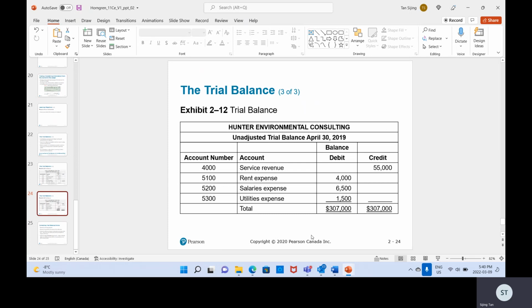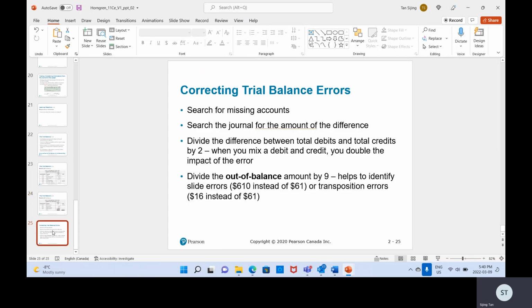Some common errors are posting incorrectly or mathematical errors. Transposition means digits are written in the wrong order. For example, instead of 567, the number is written as 657, so the number is wrong.